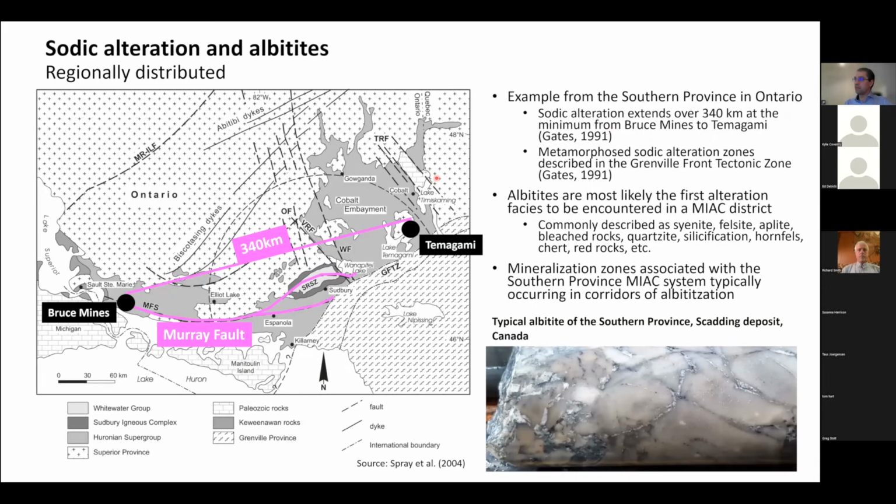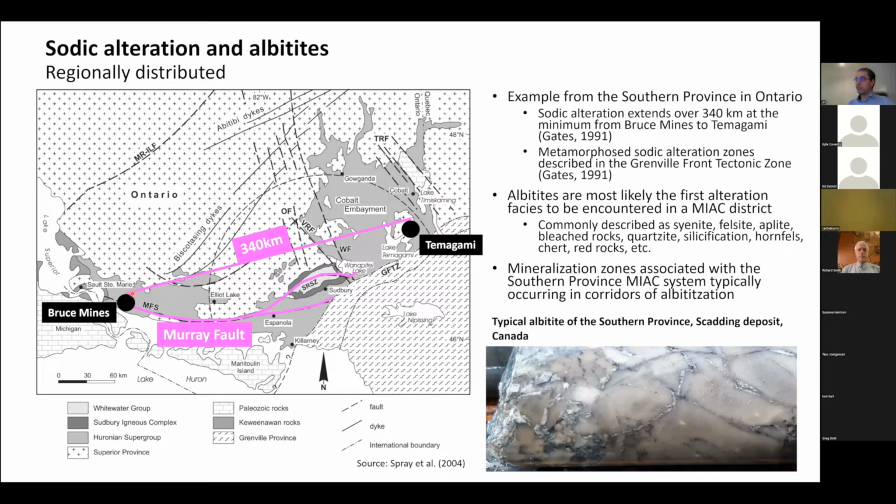Albitites are extremely important because they prepare the ground, but they are also one of the first manifestations that can be seen in a geological province that is affected by a metasomatic iron and alkali calcic mineralizing system. They have a regional extent.